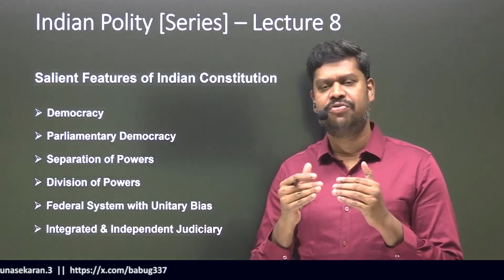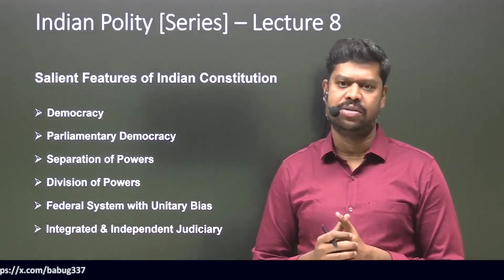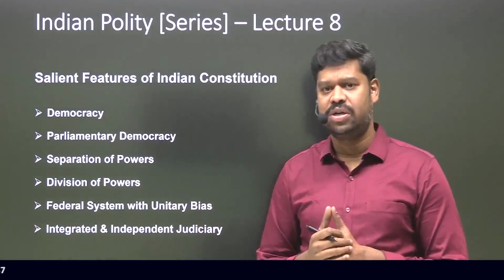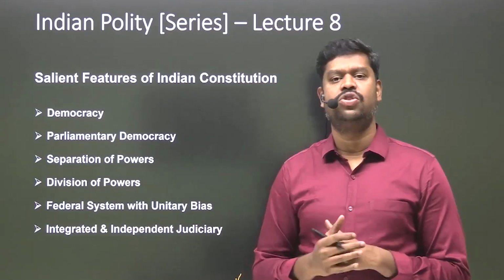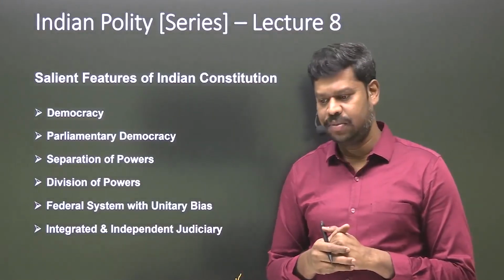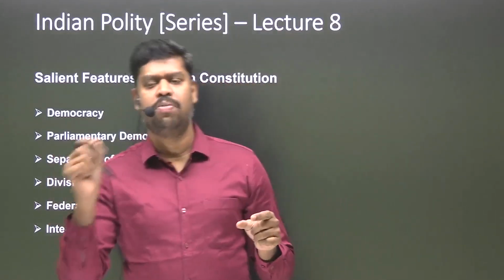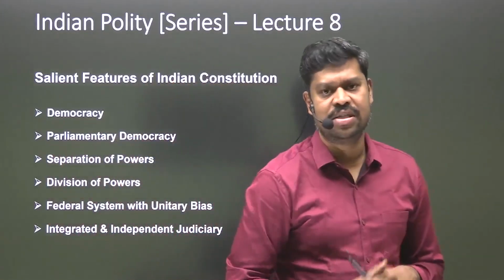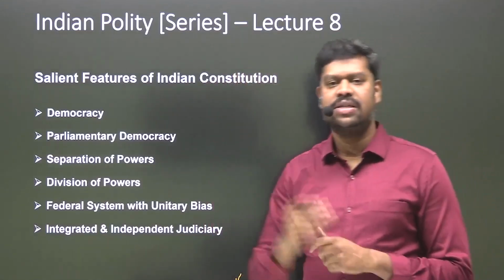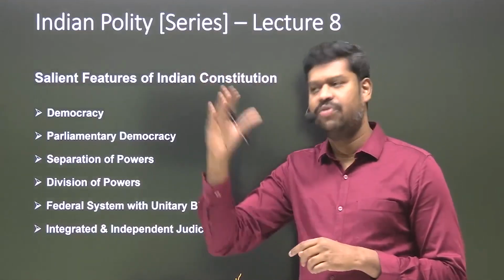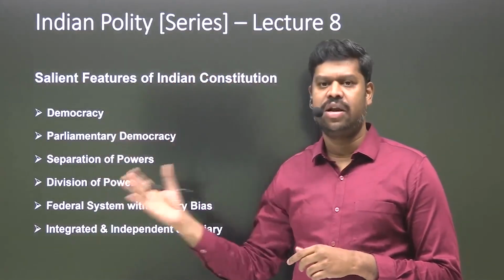But when I say it's a federal constitution with unitary bias, this is something that you have to understand. Although there is division of powers, who is given more powers under the Constitution is the union government, the union legislature, vis-a-vis the state government or the state legislature.